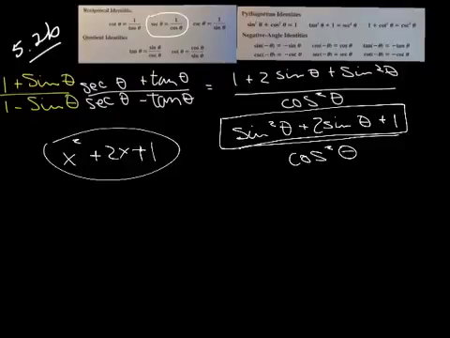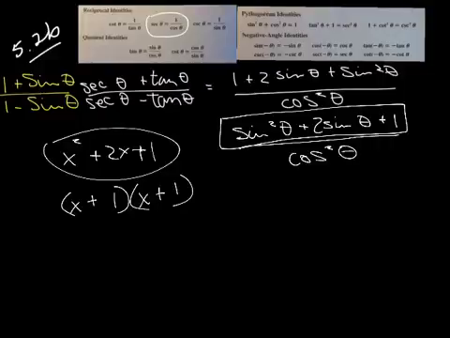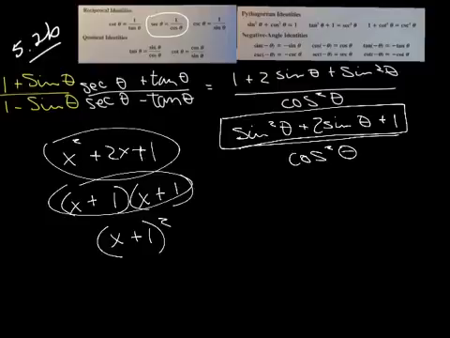Well, let's factor that and see what we get. We get an x there and an x there, two numbers together, 1 and 1, if that's a plus and that's a plus. So we get x plus 1, the quantity squared, when we factor this down.